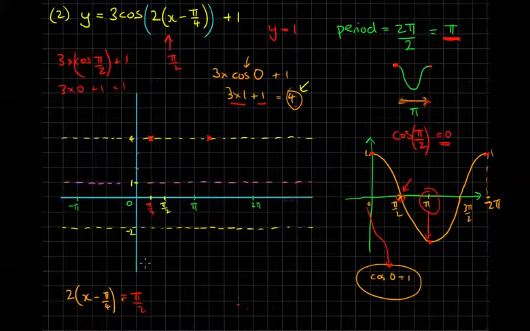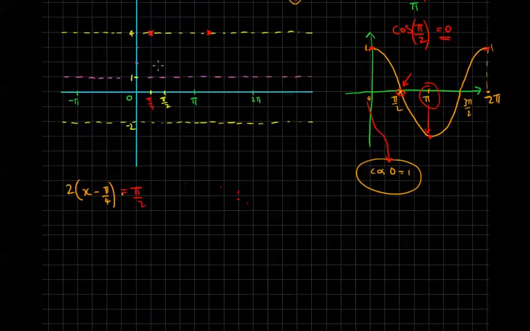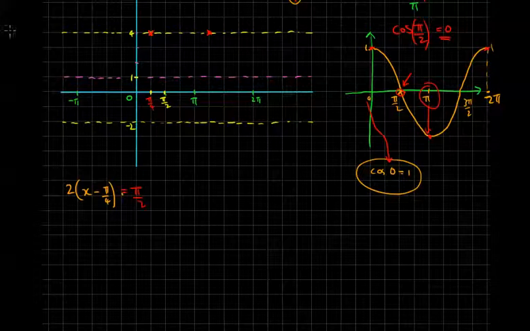So doing a little bit of algebra, let's try and solve this equation. Right, first of all, let's get rid of the 2 by halving both sides. So that x take away pi over 4 equals, oh sorry, not pi over 2, is it? It's pi over 4 here.